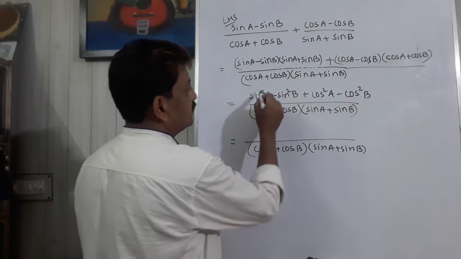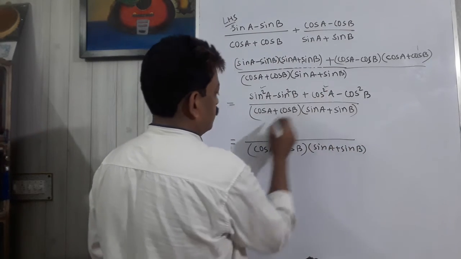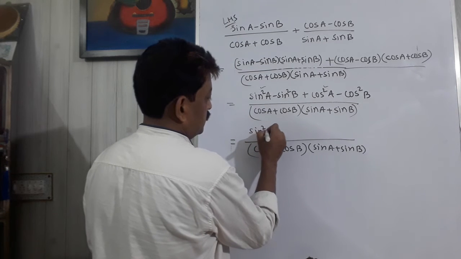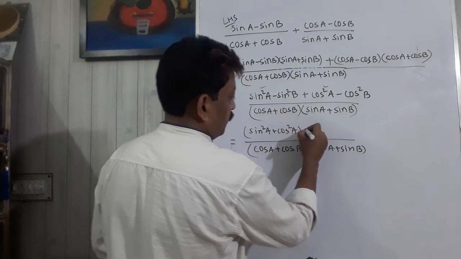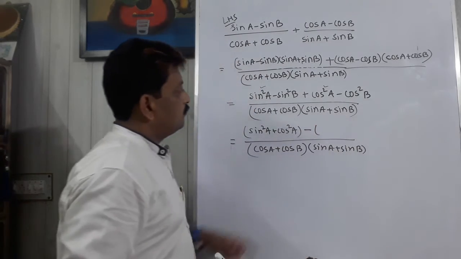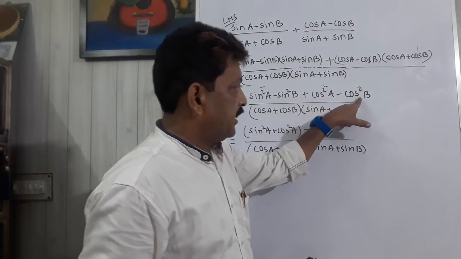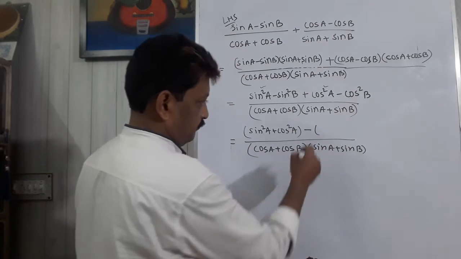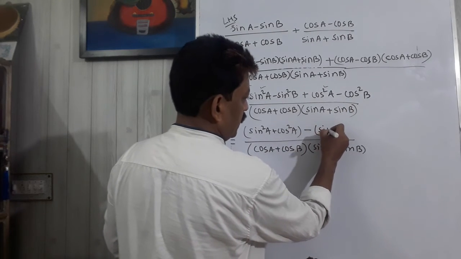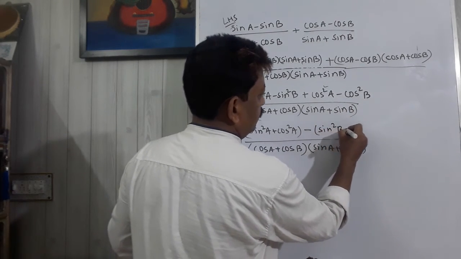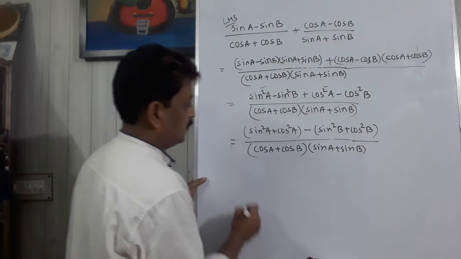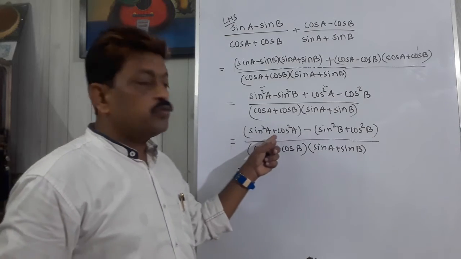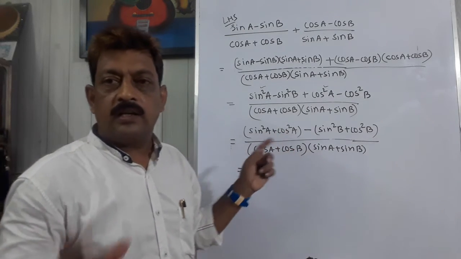In the numerator I have to arrange this: sin square A plus cos square A, and minus sin square B minus cos square B, I am writing in the bracket, so it will be minus of sin square B plus cos square B. Now what is sin square A plus cos square A? It is very clear, it is 1.